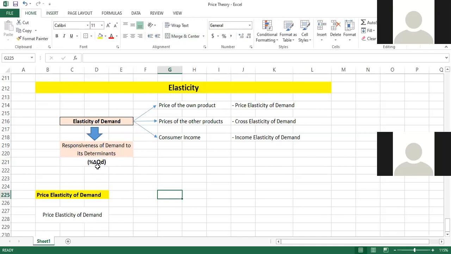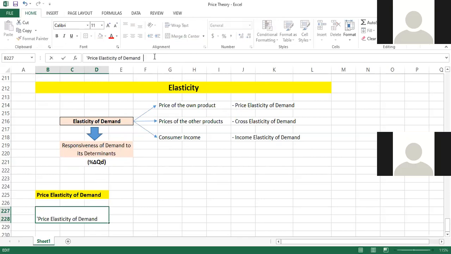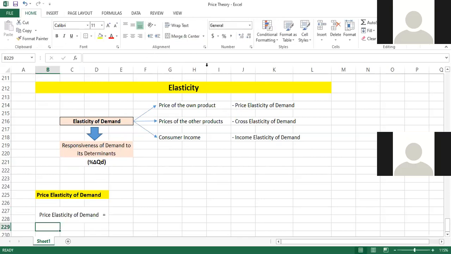Always we measure what is the percentage change in quantity demand when the price changes by certain percentage, right? For example, what is the meaning of price elasticity of demand? Under the price elasticity of demand, we calculate, right, if the price changes, so here we have to use the percentage change in price. When price of a particular product changes by certain percentage, what is the percentage change in quantity demand of the product?